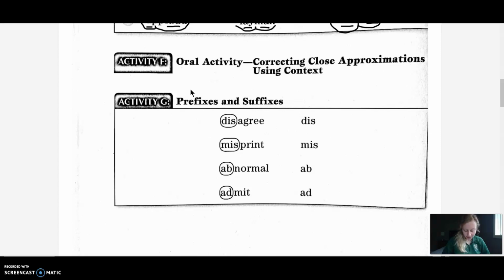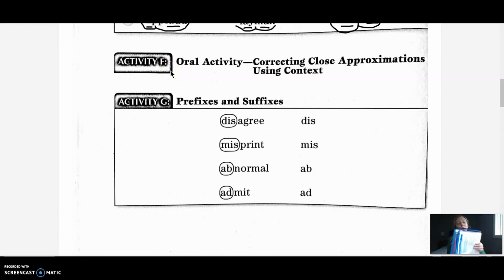Cradle. The baby is sleeping in the cradle. Good. Cradle. Last one. Unfortunate. Dan was sad. Losing his car keys was unfortunate. Right, unfortunate. Okay, so that is all for activity F.